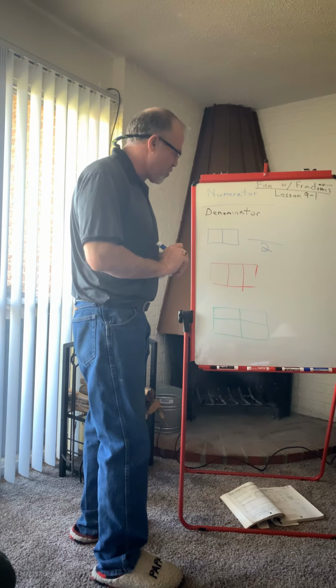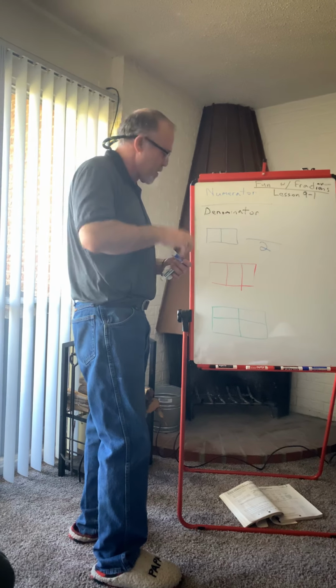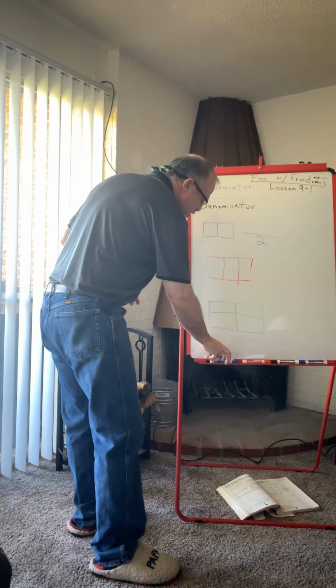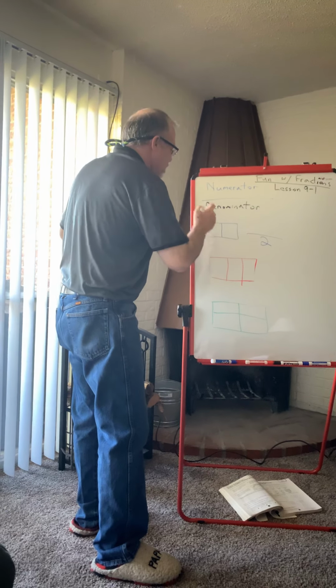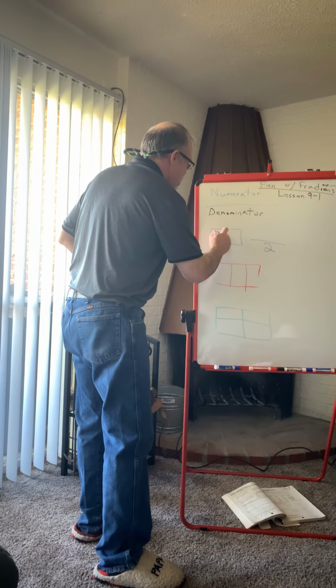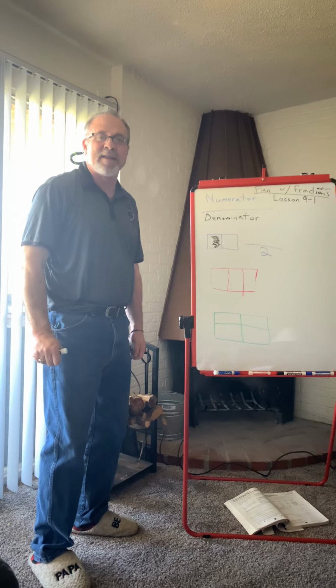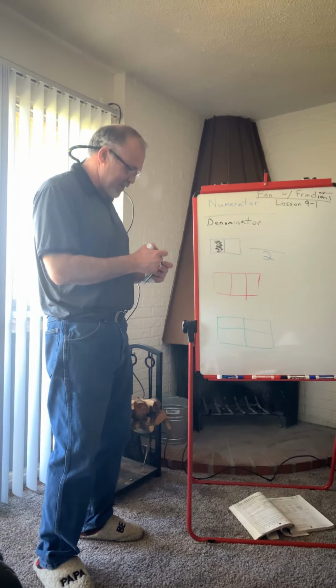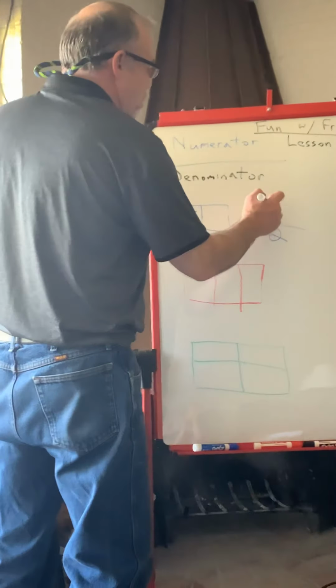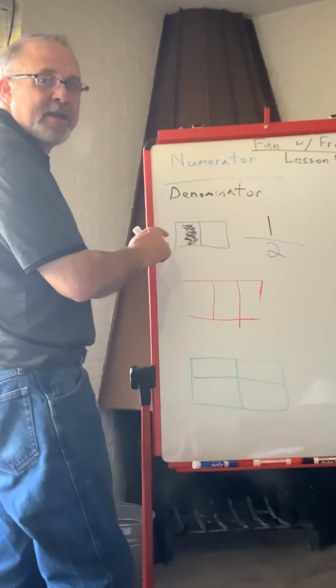Now, the question is, what if I shade one of these parts? There we go. What is that? Well, I have to put a 1 here because only 1 is shaded.